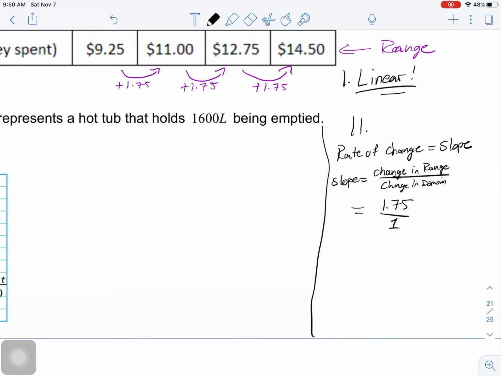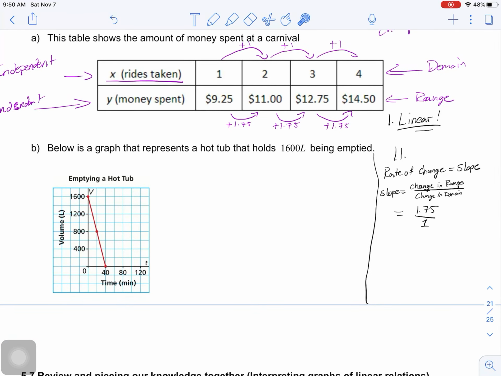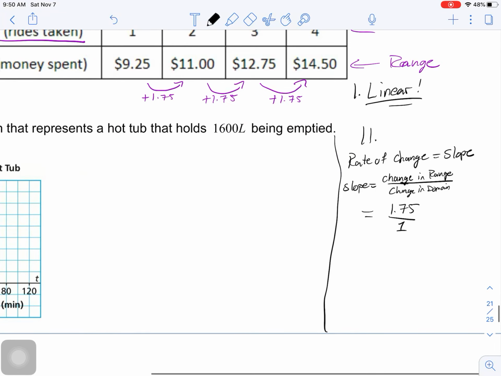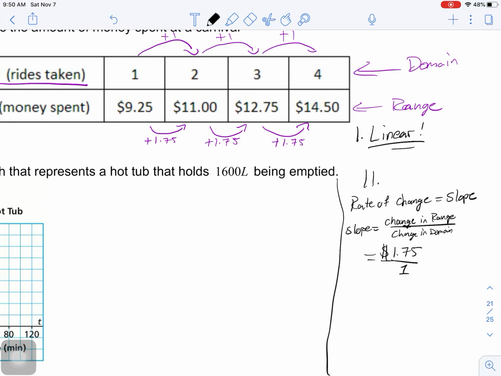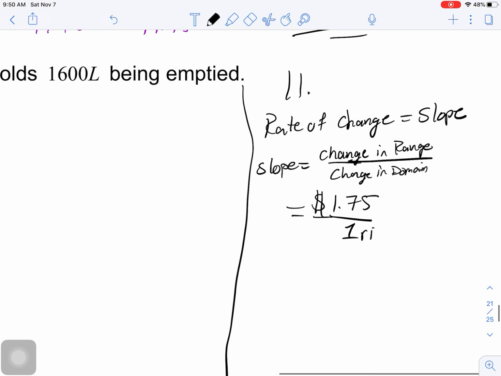Now, as a hint, remember, given a context, our slope means something. Apply what the units are to this, and that can help us figure out what this means. So what is this top number representing? Well, it's the range, and the range is measured in dollars. So this is $1.75. What's that 1 represent? Well, 1 represents rides, so I'm going to put ride here.